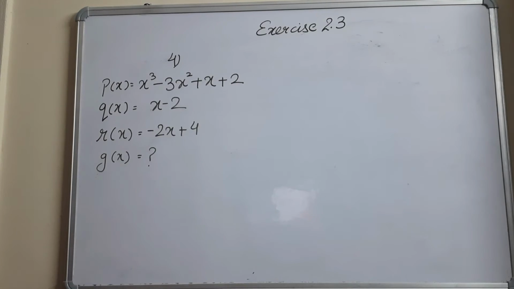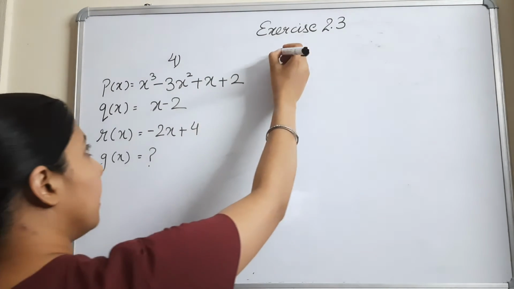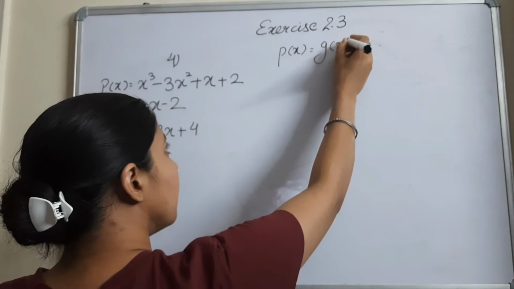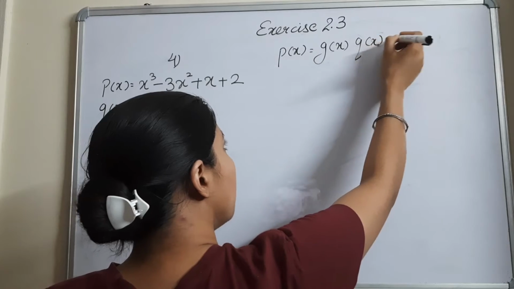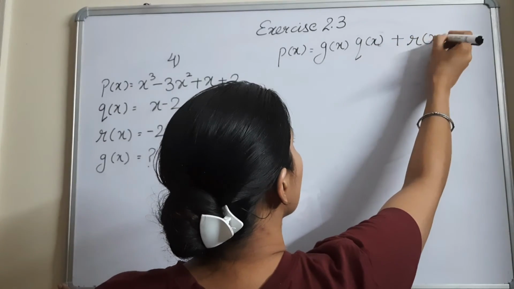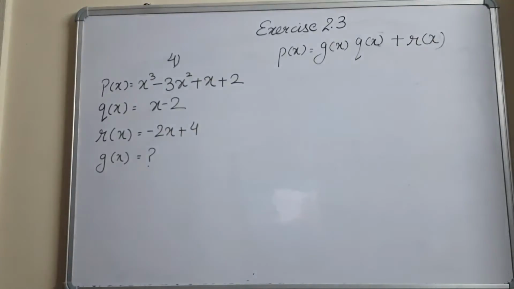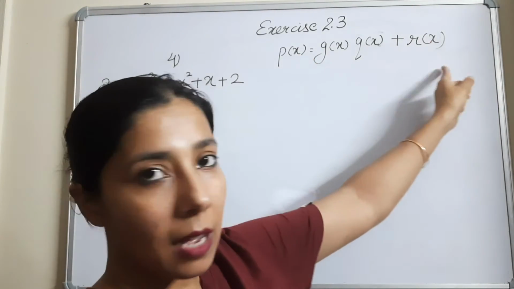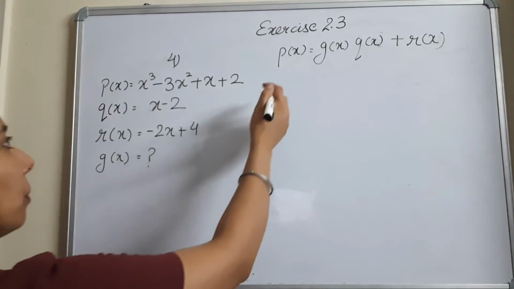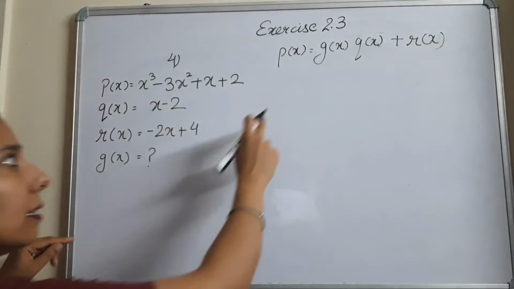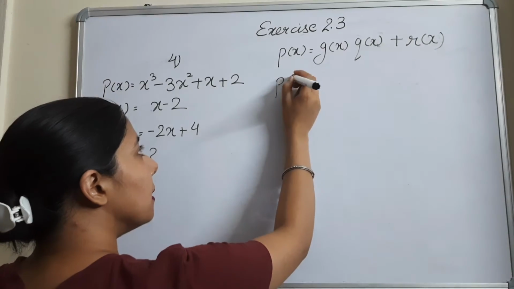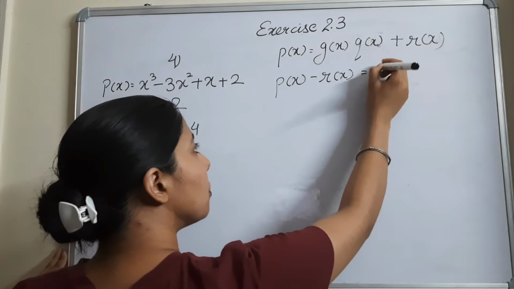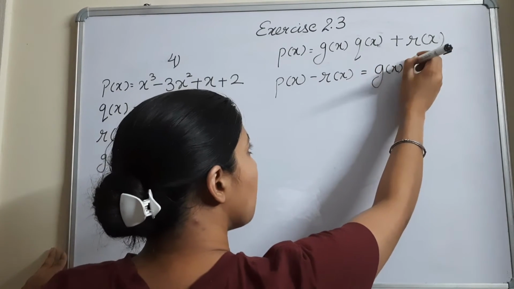For solving this question, just remember one thing, that px equals gx qx plus rx. Okay, remember this whole formula, px equals gx qx plus rx. Now we have to find gx, so you can write it as px minus rx equals gx qx.